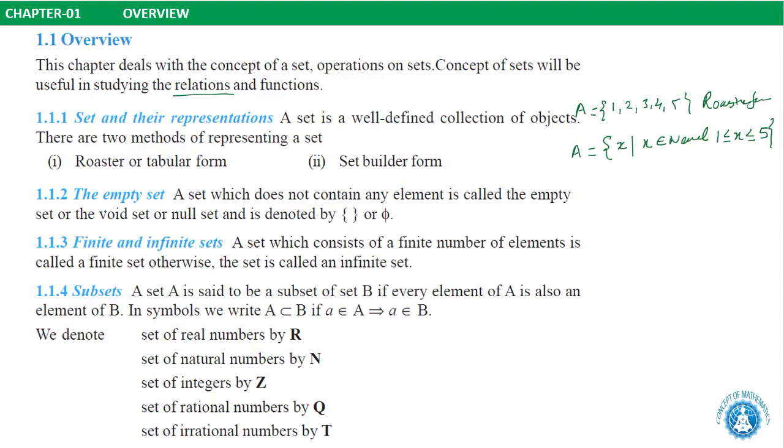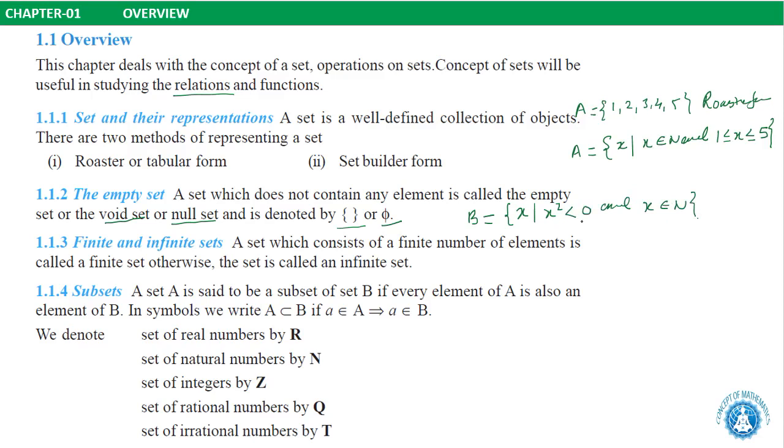Okay. Next is the empty set. A set which does not contain any element is called an empty set or void set or null set, and it is denoted by open and closed curly braces, or by phi. An example of an empty set: suppose set B equals the set of all x such that x squared is less than 0 and x belongs to the set of natural numbers.